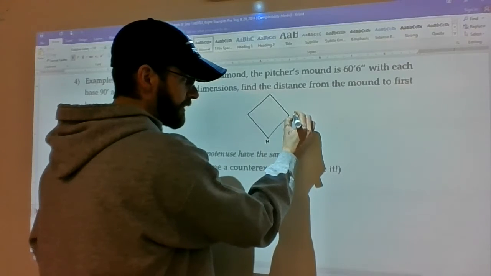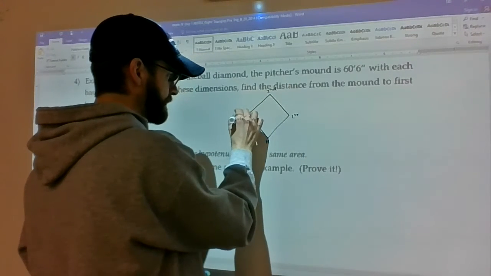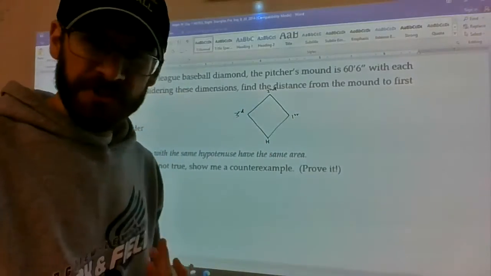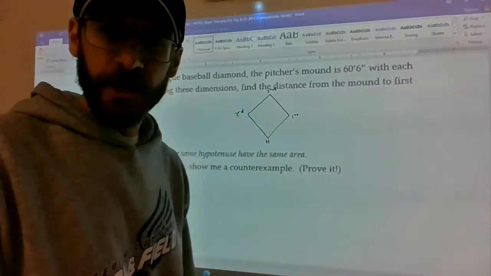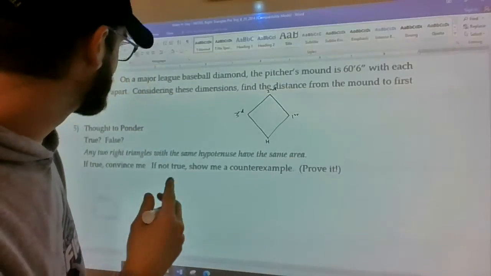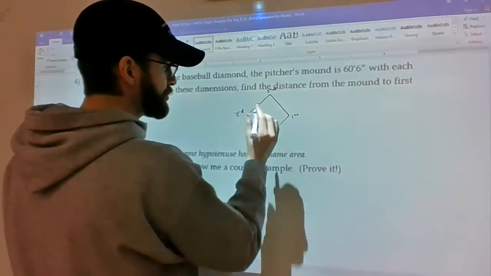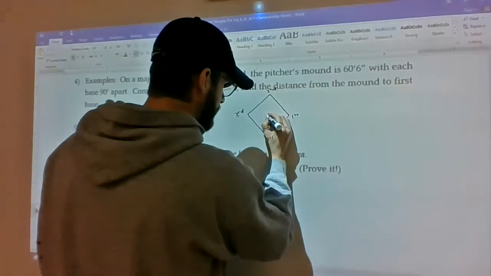First base is here. Second's here. And third's here. It's about as close as man has gotten to perfection as there is, 90 feet between bases. Somebody said that back in the day. Not my quote. At any rate, we're saying that the pitcher's mound is right here.